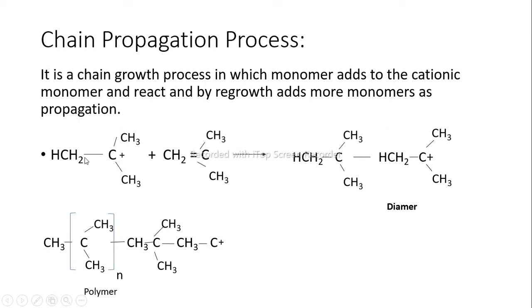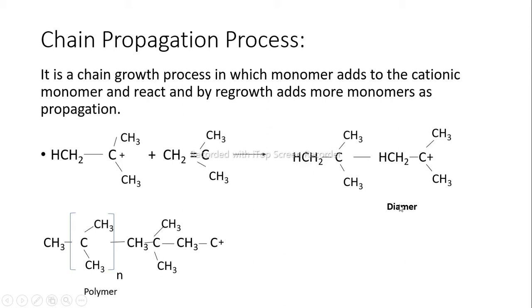The positive charge attacks this pi bond, as a result of which this bond is broken, and the positive charge moves towards the next carbon, and the hydrogen forms a covalent bond with the CH2, just like here.